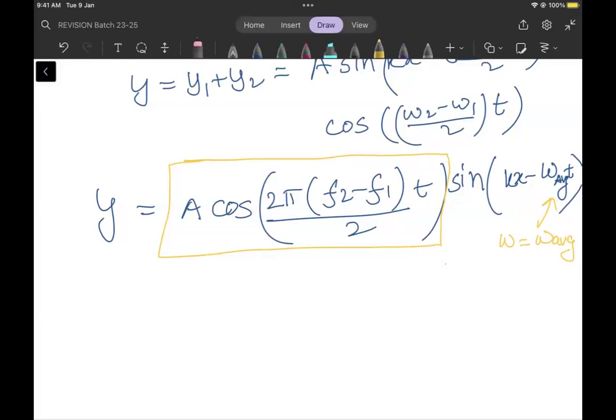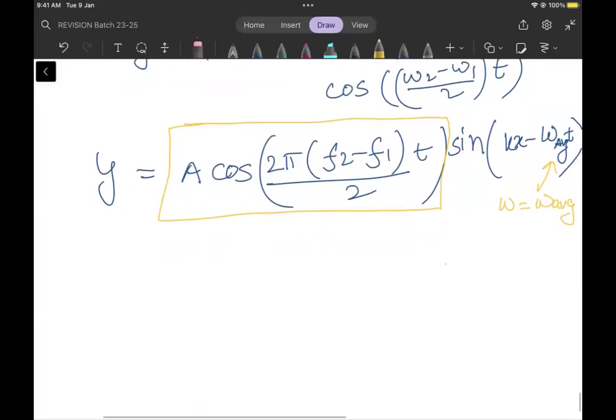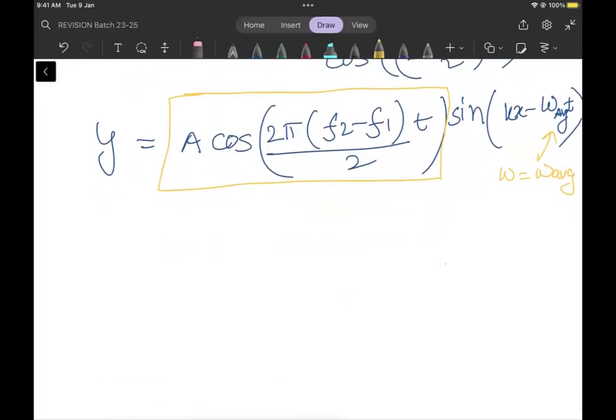Therefore, the amplitude itself is going to vary with time. This variation is called the beat phenomenon. And the beat frequency, as you can see from above, is simply given by f2 minus f1.